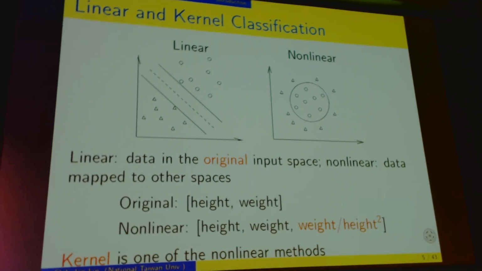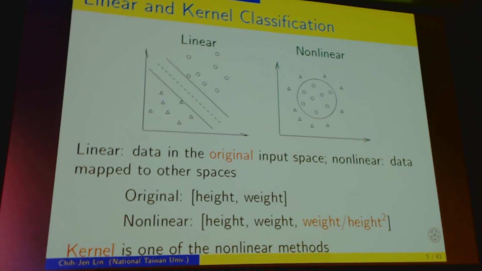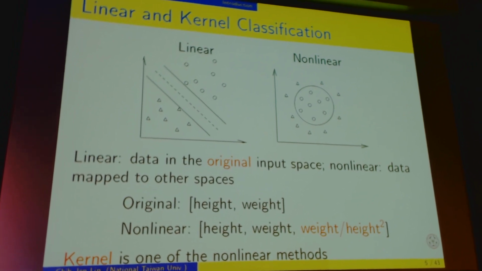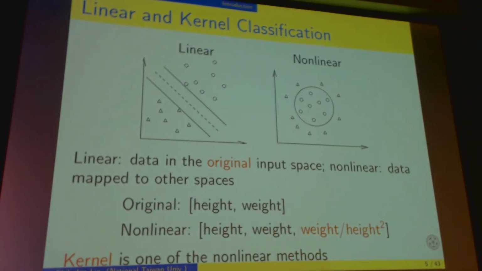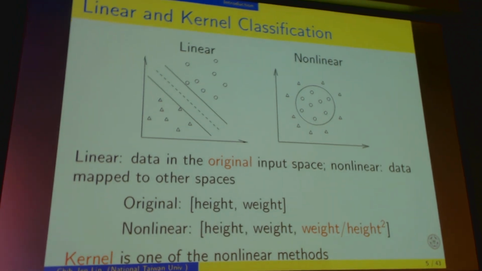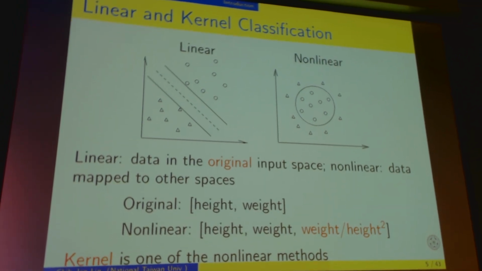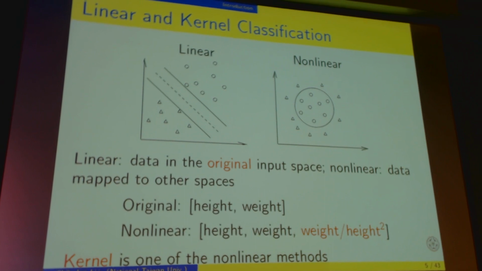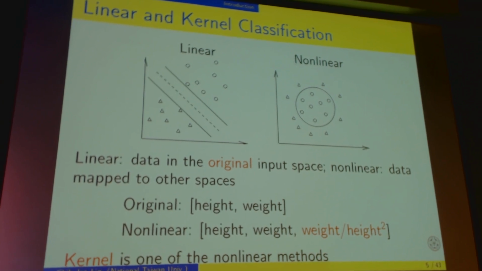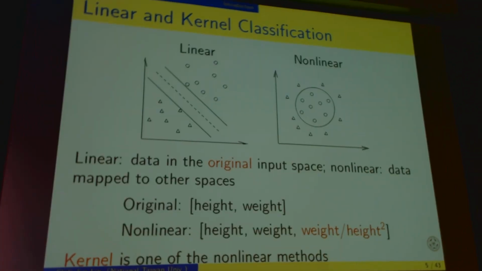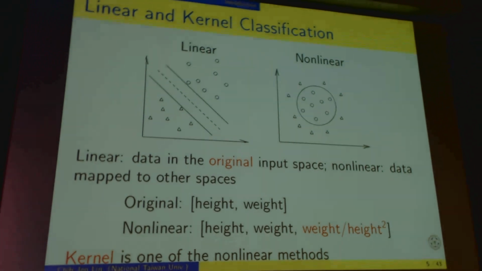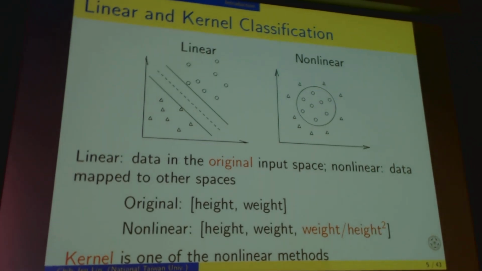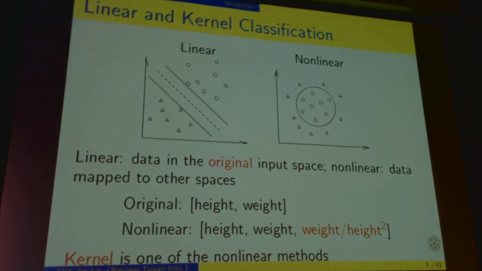Now I want to say something about the difference between linear and nonlinear classification. There are several ways of nonlinear classification. For example, decision tree and those tree-type methods are nonlinear classifiers. But here, when I say nonlinear, I mean kernel methods. So certainly kernel is one nonlinear classification method.